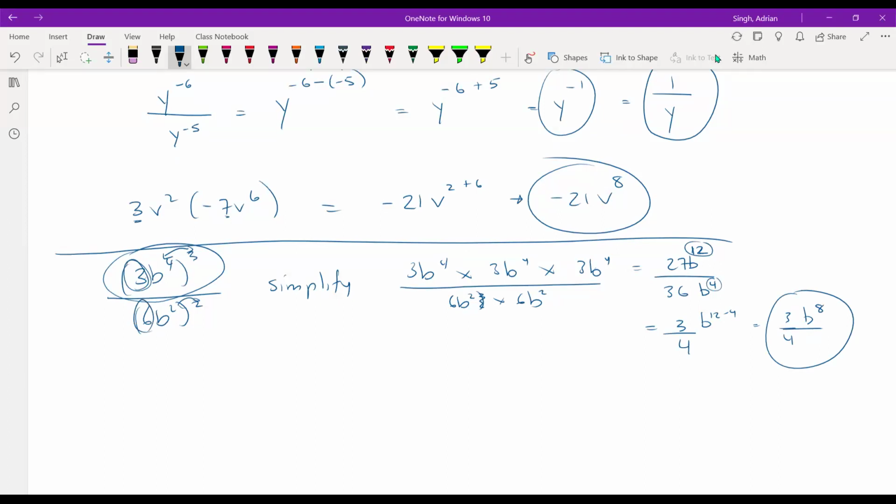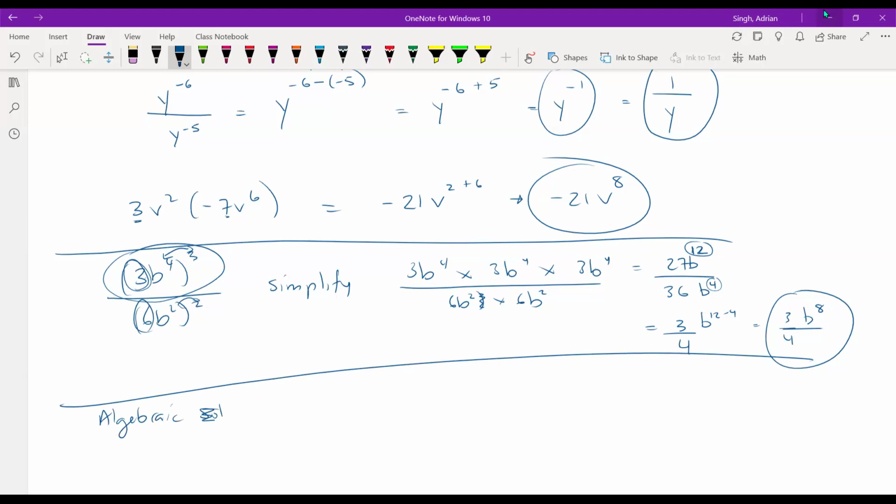All right, let's take a look now at some algebraic manipulations. In other words, solving for one unknown in a problem.